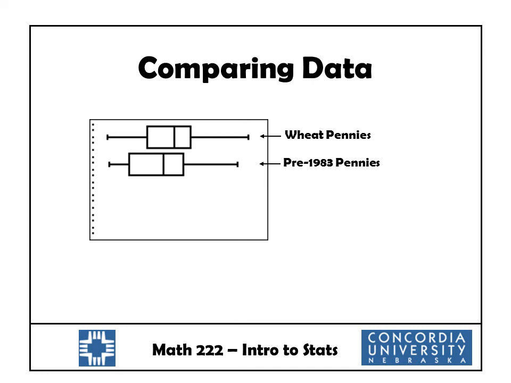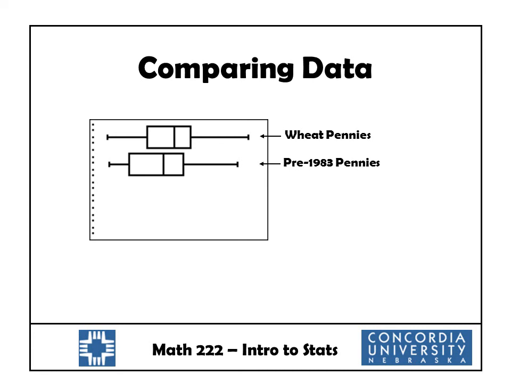Now again, box plots are useful for comparing data. What we see here is that first of all, those two box plots kind of overlap, and we see that the minimum value for the pre-83 pennies is a little bit larger than the minimum value for the wheat pennies. The maximum pre-83 penny value is a little bit smaller than the maximum value for the wheat pennies.